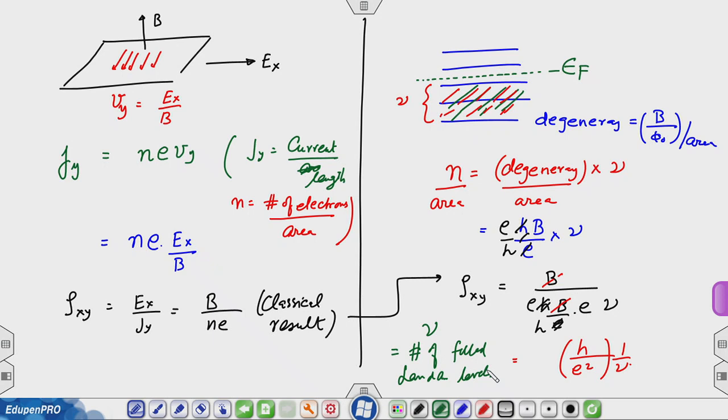At very high field, at very high B, the degeneracy is going to be enormous, and therefore, you see only 1 or 2 or 3 Landau levels filled, and you see that quantization.